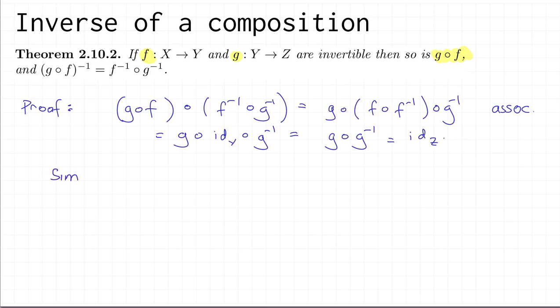So similarly, if you do the composition the other way around, you find that you get the identity on x. And so f inverse composed with g inverse really is a two-sided inverse to g composed with f.